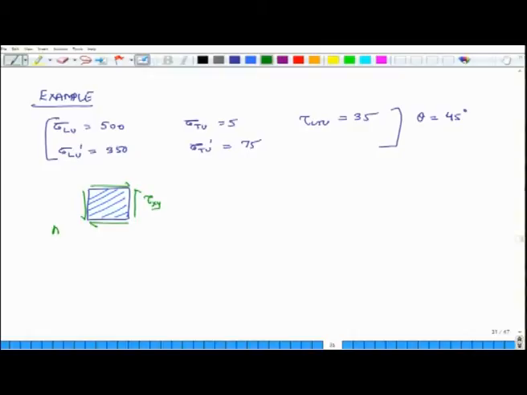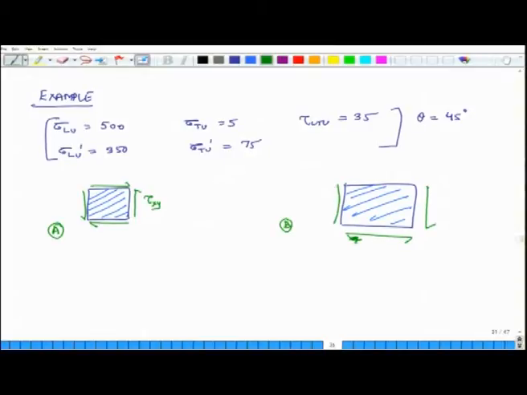This is case A, and in the other case, case B, the shear stress is negative.